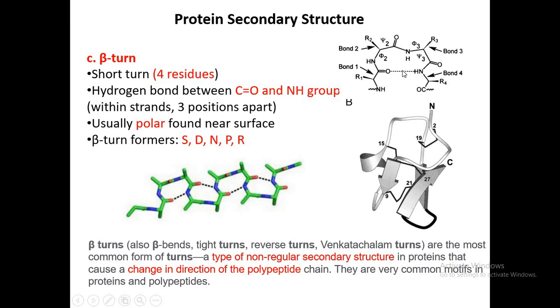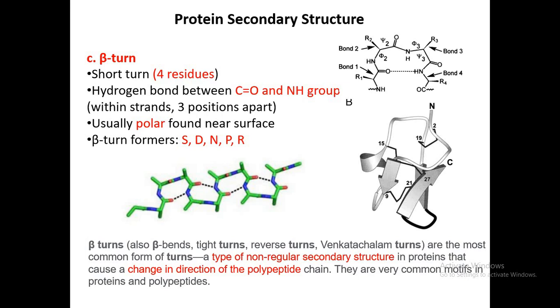This bond is formed with the amino acid that is present 3 amino acids apart. Every time the bond forms with the amino acid on the third position: this is the first, second and third. This is how the beta turn is important for the protein and the polypeptide chain.